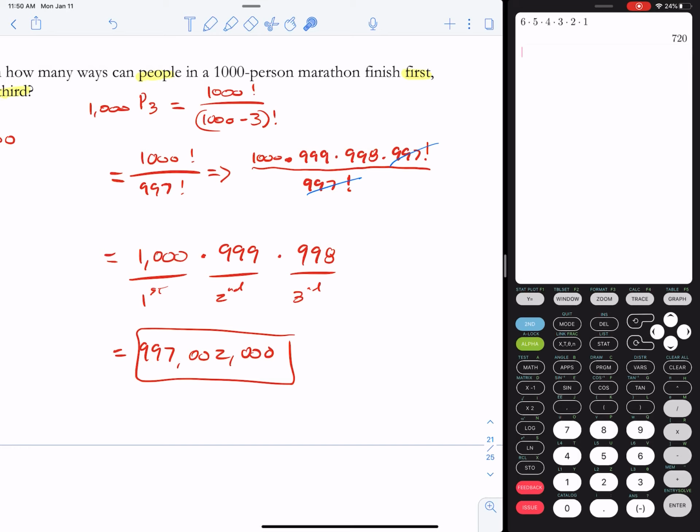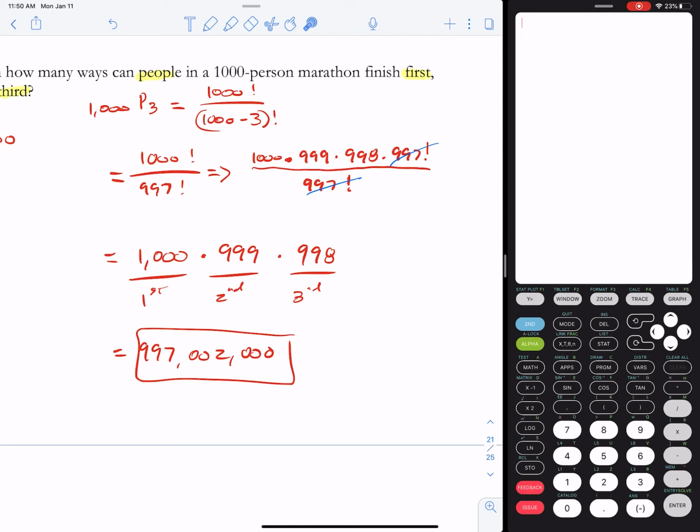Make sure your calculator is cleared, and put in your 1,000. Hit math, go to probability again, and notice you have the nPr up there at the top, nPr for permutation. Click that. My calculator is a little bit different, so let's hope this works. Then you want to hit 3. Oh, it's not going to do it for me.